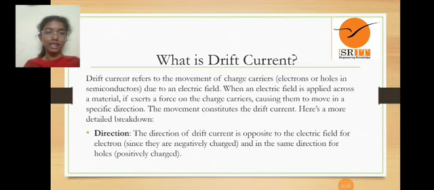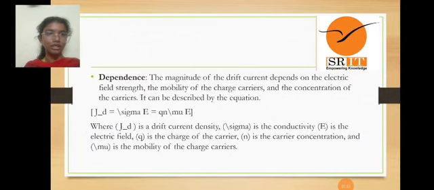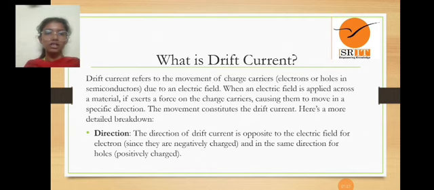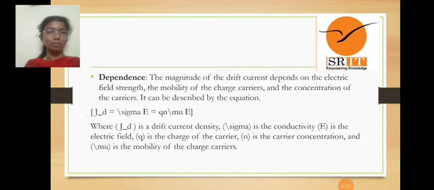Here are more details. First, direction. The direction of the drift current is opposite to the electric field for the electrons, since they are negatively charged, and in the same direction for the holes since they are positively charged.